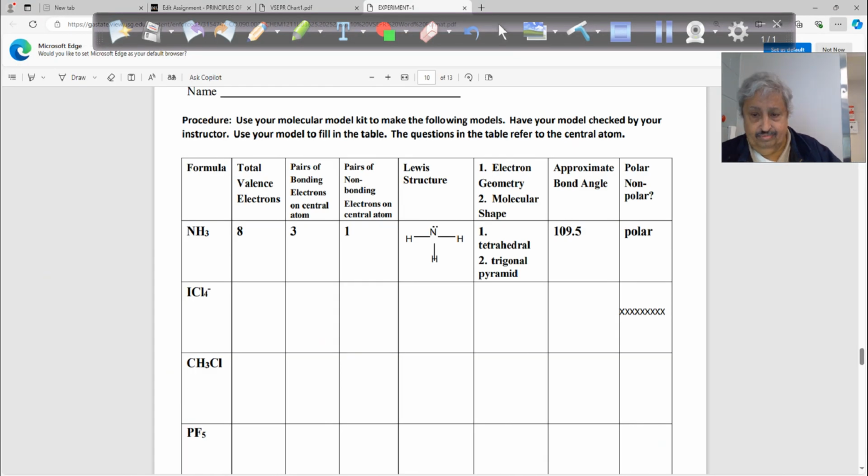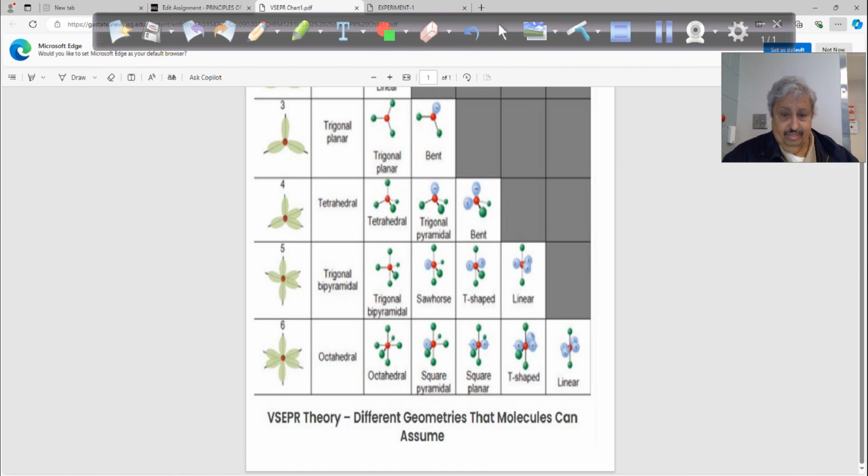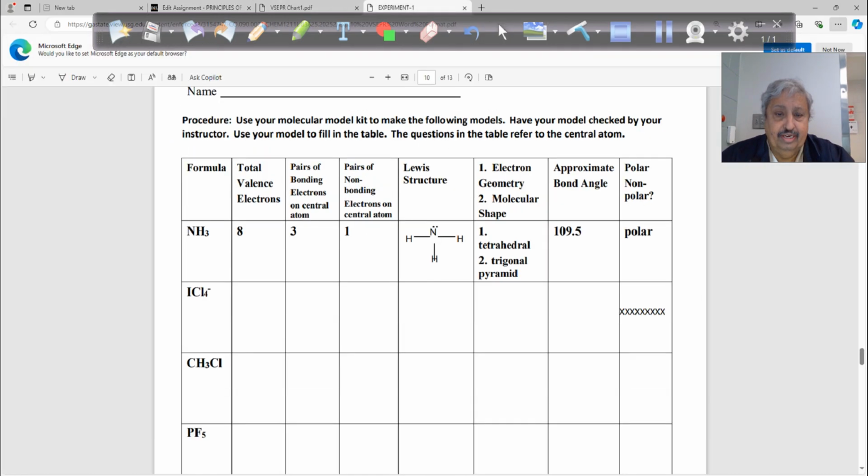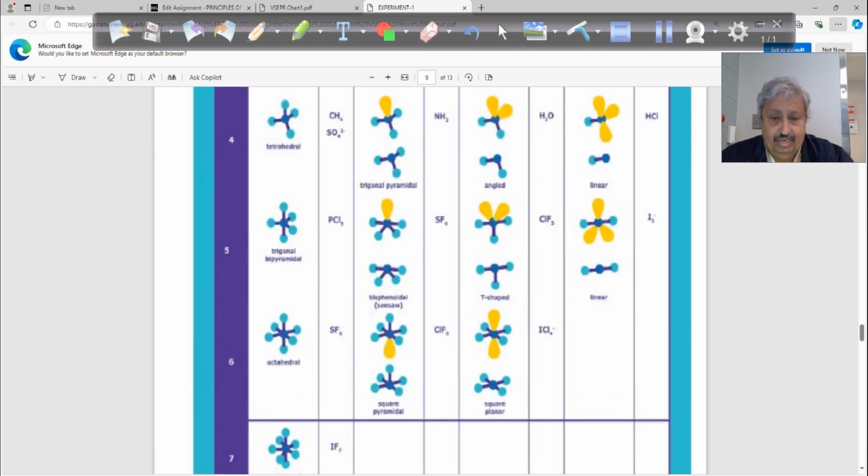So the angle will be what? We said that it has 6, so if you look at the chart I gave you, this one does not have the degrees, but I'll send you one with the degrees. Let's look at the lab. I think the lab has some chart with the angle.